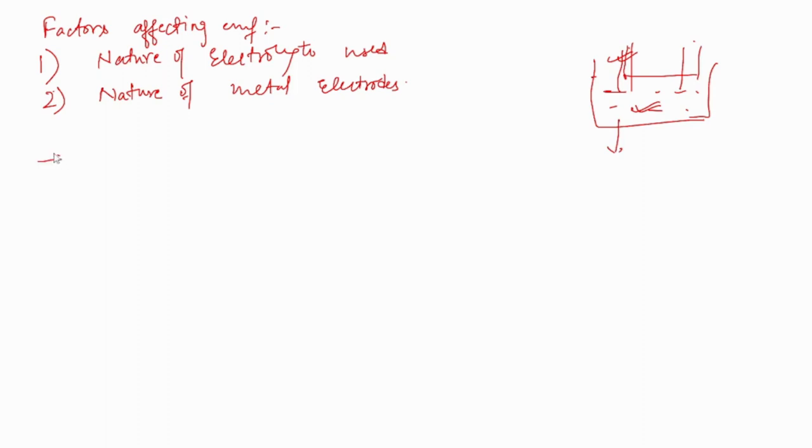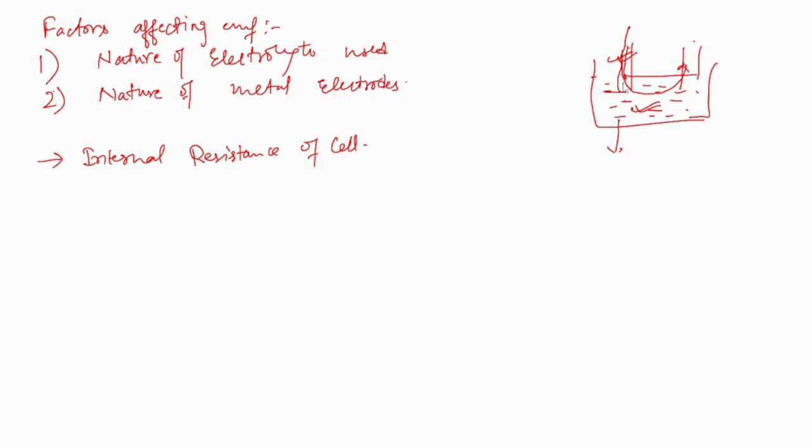Now the next thing is internal resistance of a cell. Basically, resistance offered by the electrolyte of the cell when electric current flows through it is known as its internal resistance. See, when current flows, there will be some resistance which is being offered by this electrolyte.